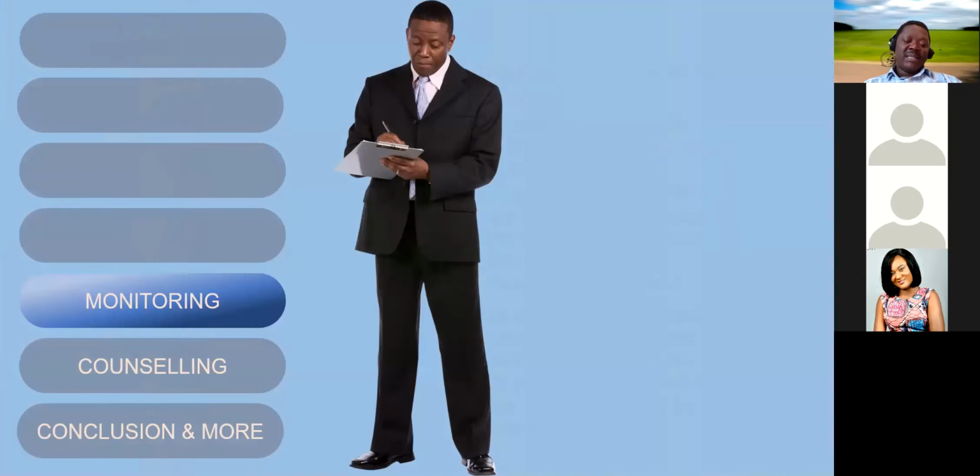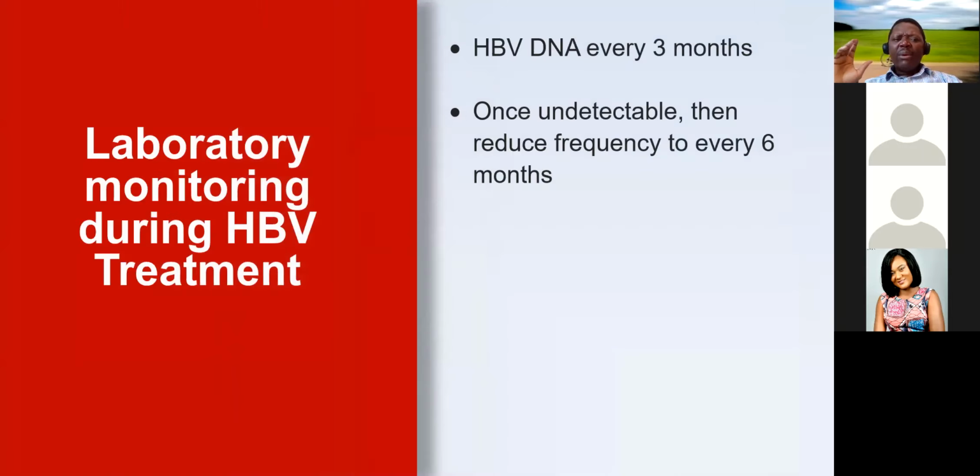How do you monitor patients? Okay, we're almost at the end, so please stay with me a bit and see how we handle patients. How do you monitor patients to see that they are doing well? One, you do a viral load every 3 months. Now, I know that this is a big thing for many people, so 6 months would even suffice, okay?